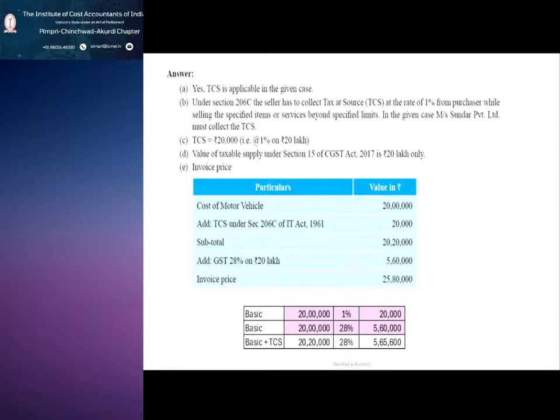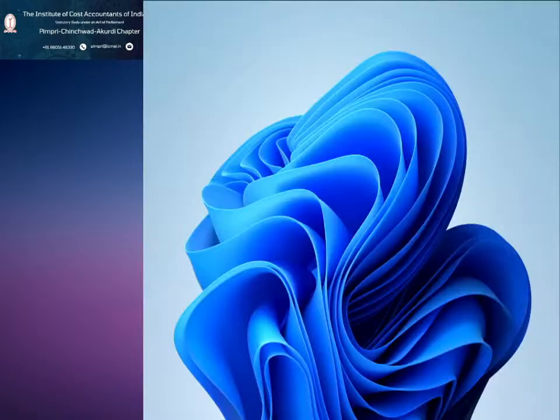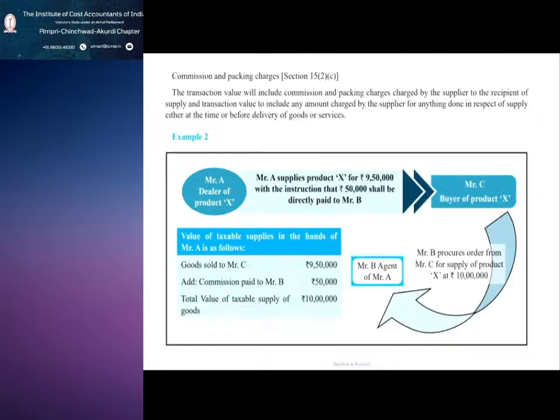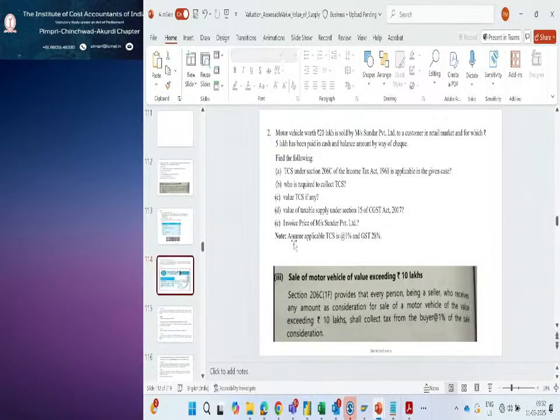So hello madam. Hello. If it is in slide mode, it takes time. Ma'am, why is this TCS applicable for the selling? Huh?